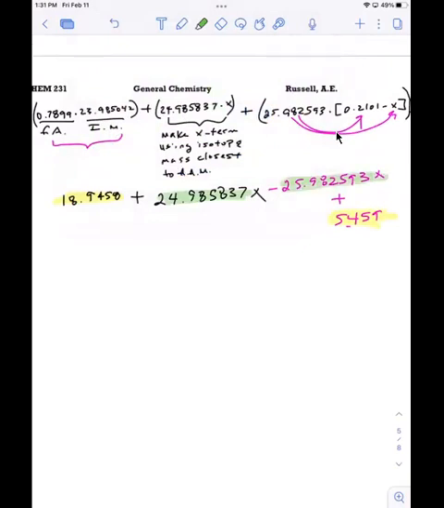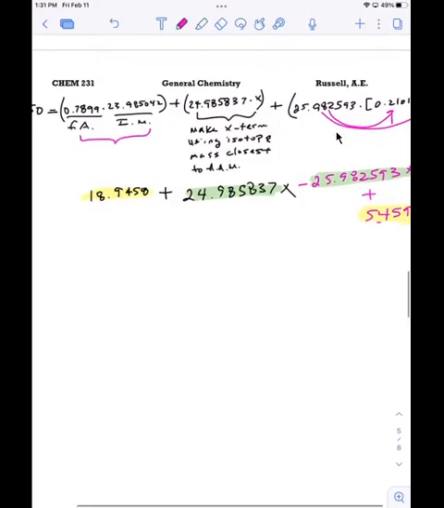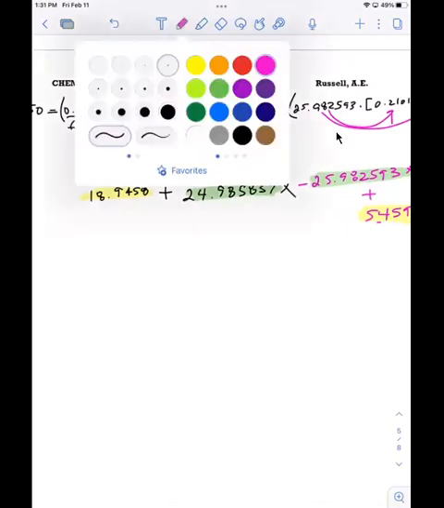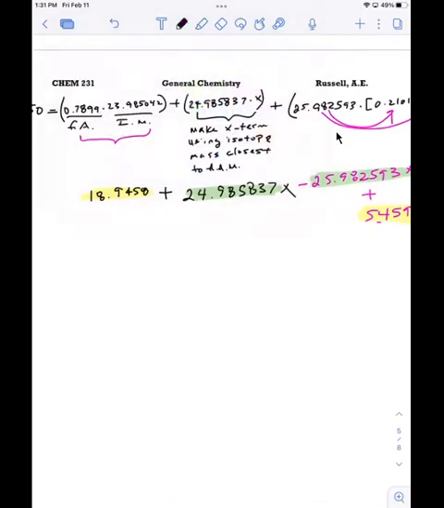All right. So 18.9458 plus 5.459. We're going to combine that, and that's going to combine to 24.4047.